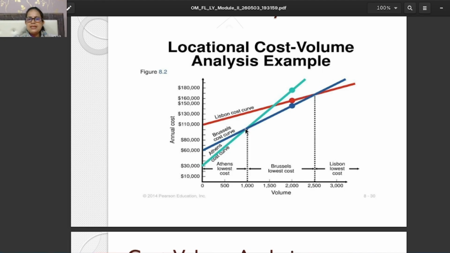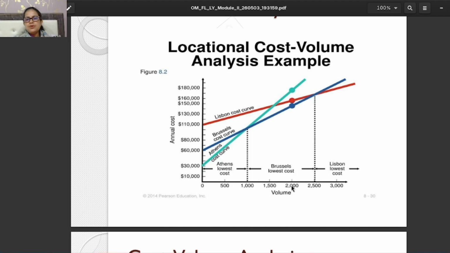If you see here, we have two break-evens. We are not going to consider this one because we are producing 2,000. One break-even we are getting at 2,500, and one at 1,000.